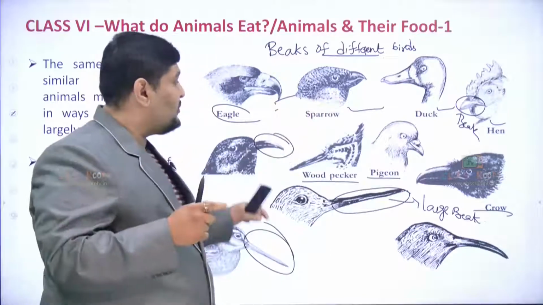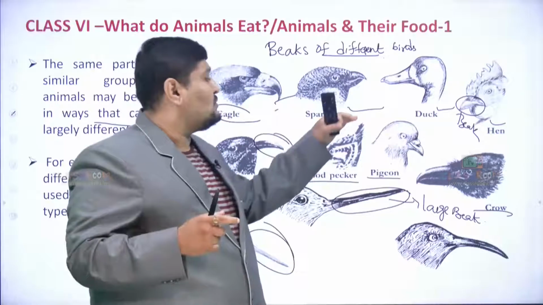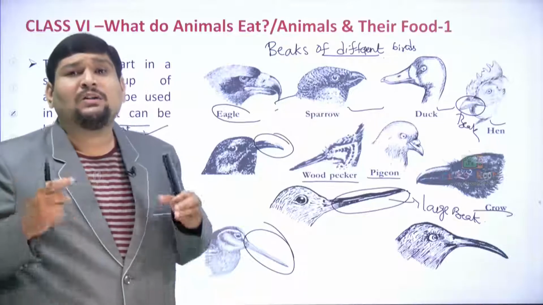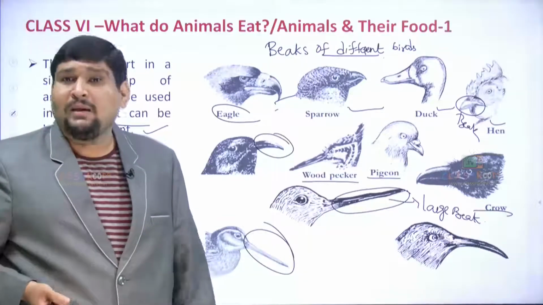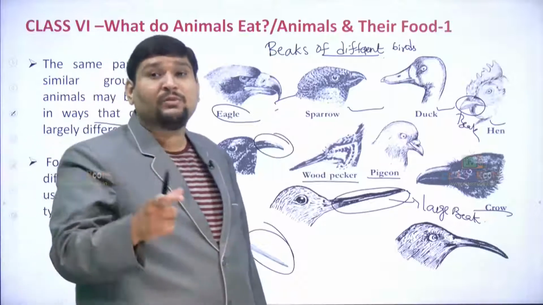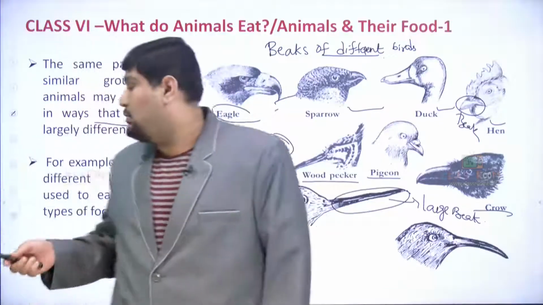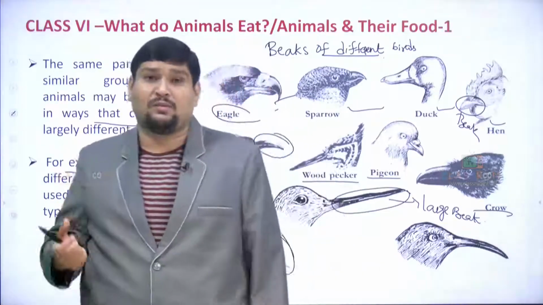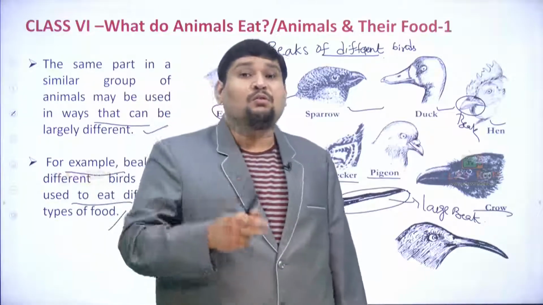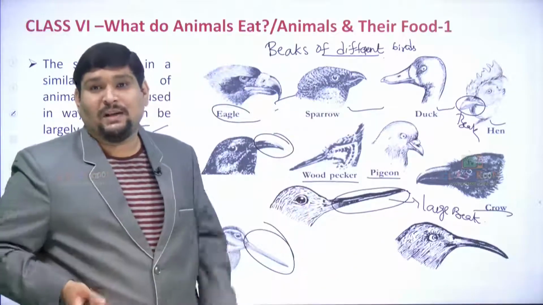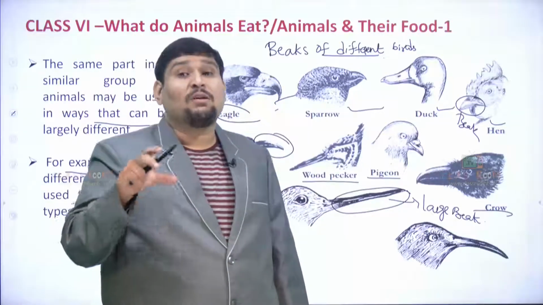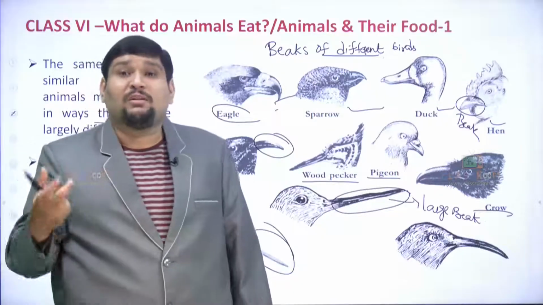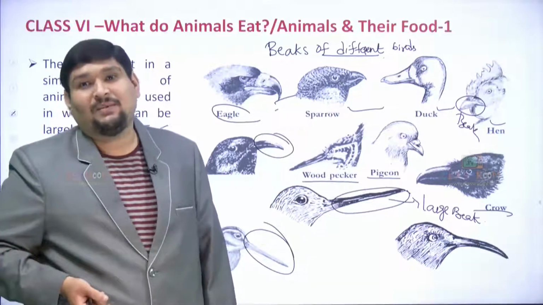They use these different beaks, whichever you find in sparrow, duck, hen, pigeon, woodpecker, crow, so many such birds, they all have their food by using their beaks. The beaks of different birds are used to eat different types of foods. Is it, children? That is also one of the interesting facts, how these animals eat their food by different modes.